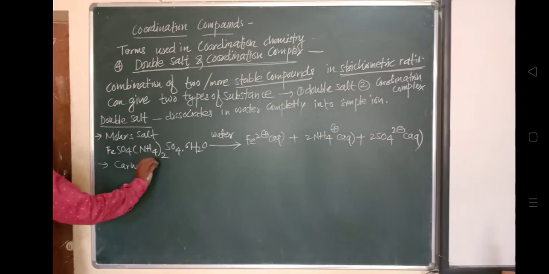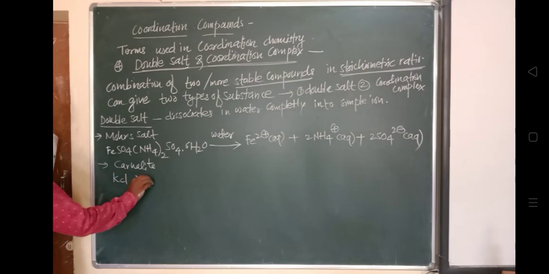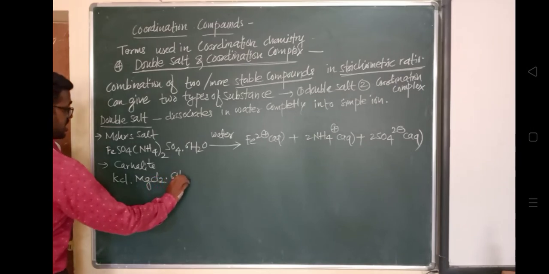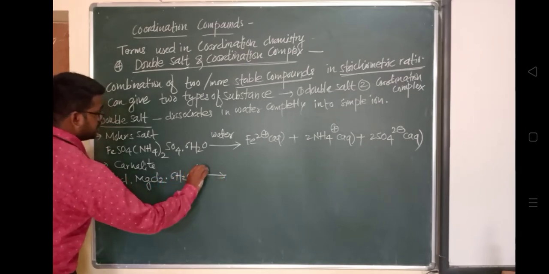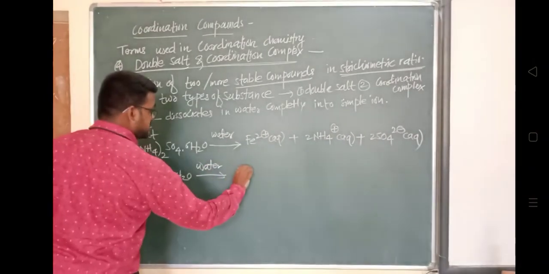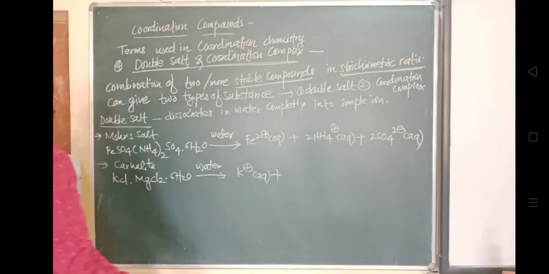What is this coordination complex? This coordination complex dissociates in water with at least one complex ion. Then we will also see the difference between double salt and coordination complex.